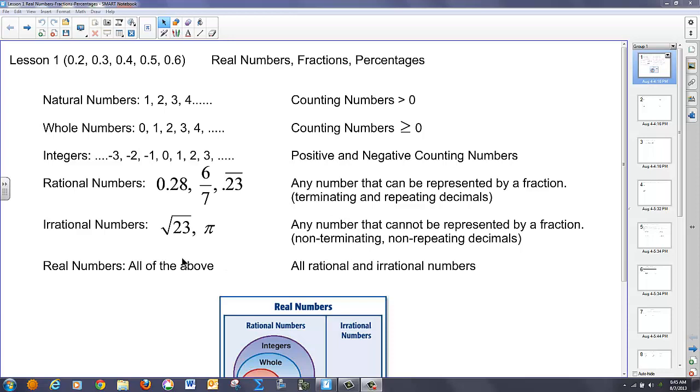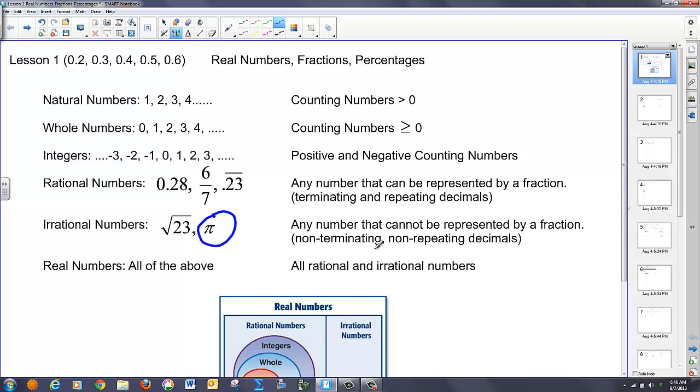Now when we talk about irrational numbers, we're talking about most square roots. If we have something like a perfect square, for instance like the square root of 9, we know that's just the number 3. So the square root of 9 would not necessarily be an irrational number. And then pi is also an irrational number.